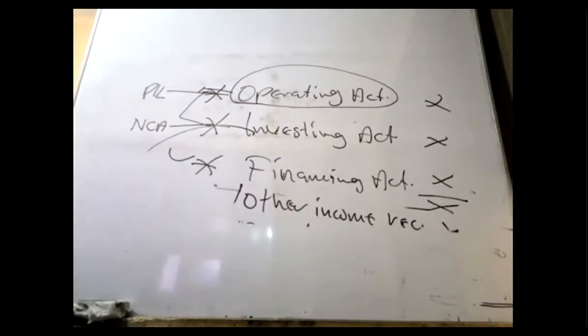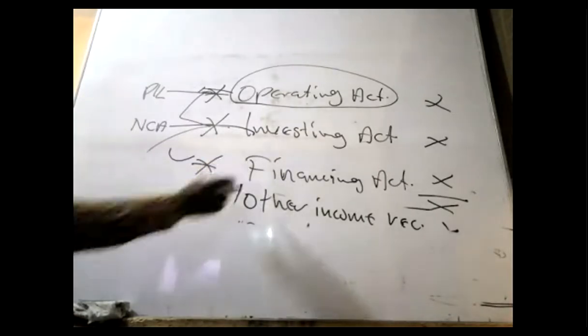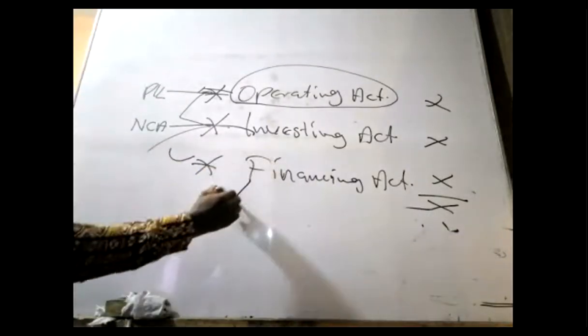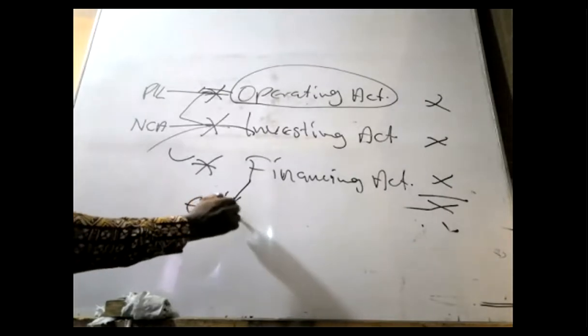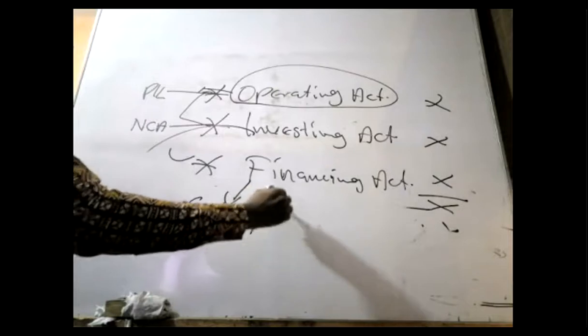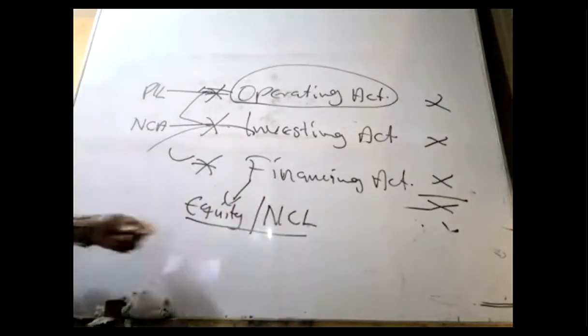So basically, it talks about financing activity. Financing activity talks about equity. You can raise long-term finance by equity and what? Debt, non-current liability. That is all. So financing is about these two.